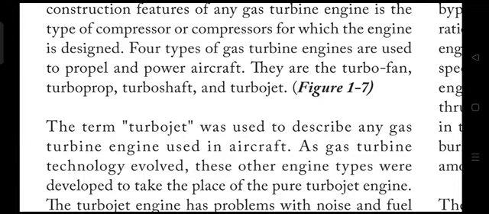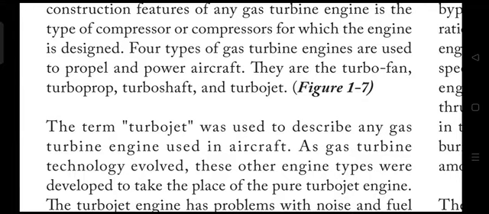That is the reason they are all called turbo. With the word turbo, you can see there are four different words. One is turbofan, the second is turboprop. Prop means propeller, which you all know, and then turboshaft, where shaft work is the most important thing, where we use the engine to produce shaft power, and then turbojet.